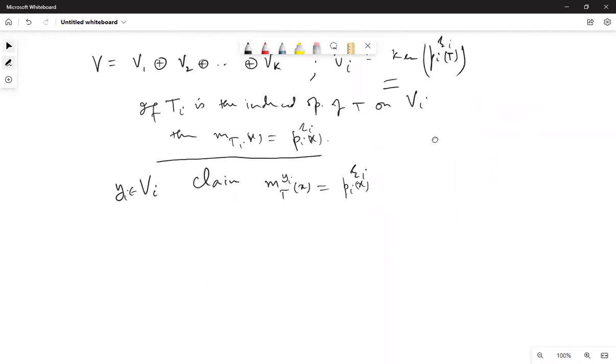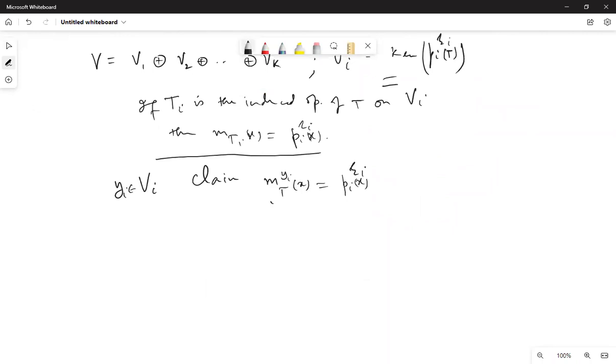If this is not so, if there does not exist any yi such that m_{T,yi}(x) is exactly pi(x) raised to the power ri, then what would happen? Some polynomial would be killing every element of Vi.